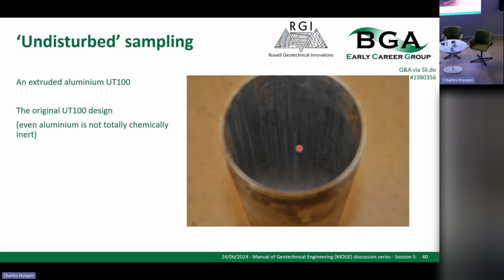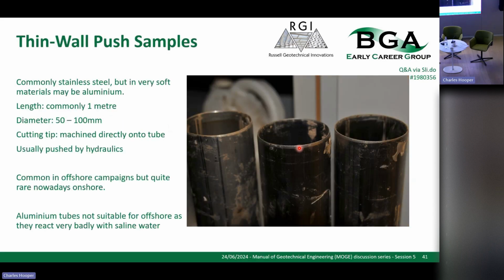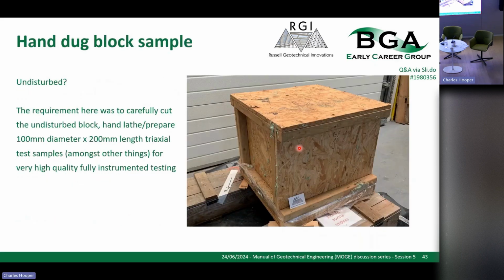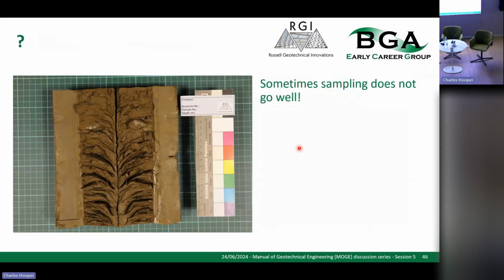That's actually, I have to say, a real shame, because that was one of the crucial parts of this talk, that the UT 100 is not a Class A sampler in the slightest. The simple question I was going to ask you is, do you think the sample's disturbed? It's very clear that it is.